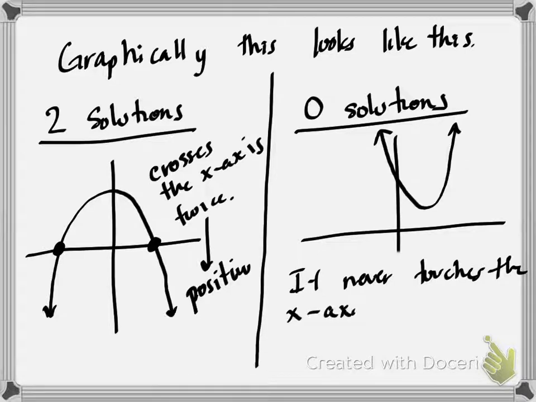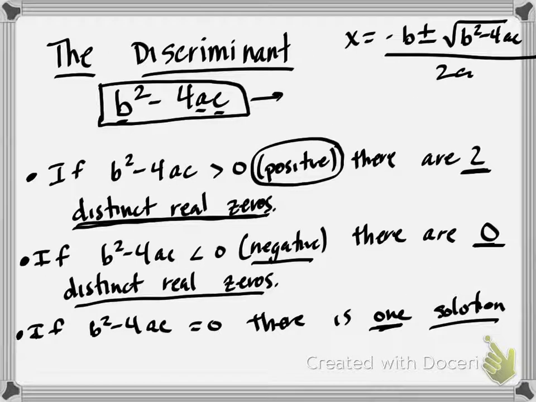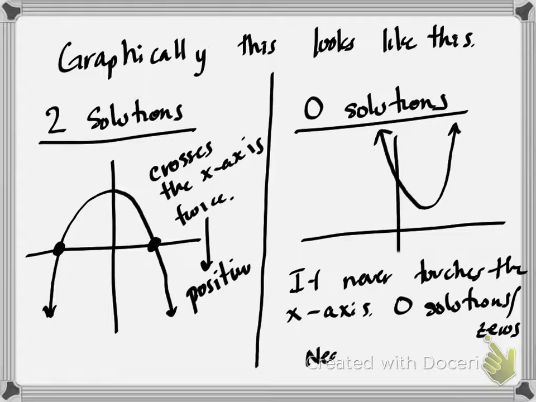Therefore, it has 0 solutions or zeros. Coming back to our three possibilities, 0 solutions equates to a discriminant that was negative. So if you get a graph that does not touch the x-axis at all, you know the discriminant must have been negative.